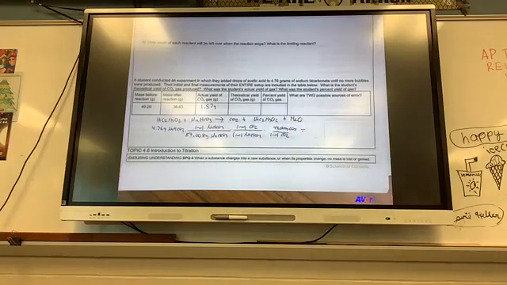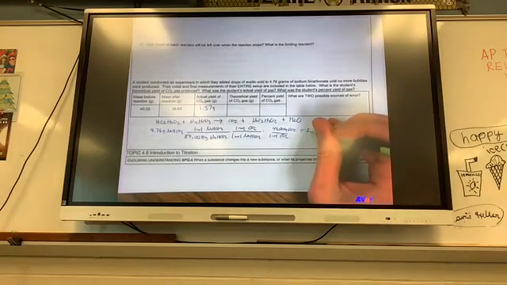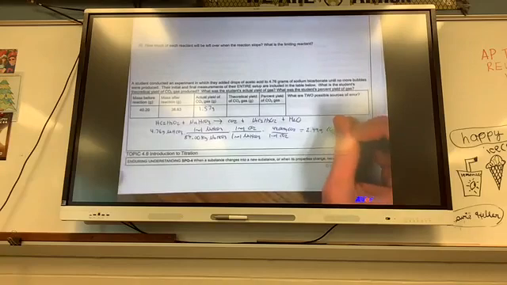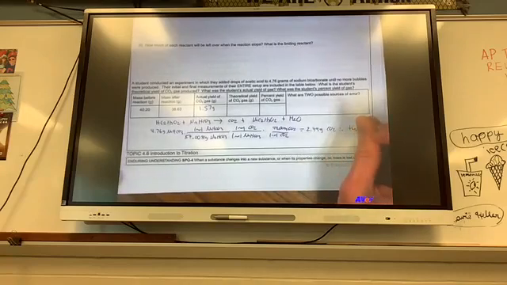So that will give me my grams of CO2 produced in theory. What's this 84.008 grams for the molar mass? 84.008. So what do you guys get here? 2.49 grams CO2 in theory.